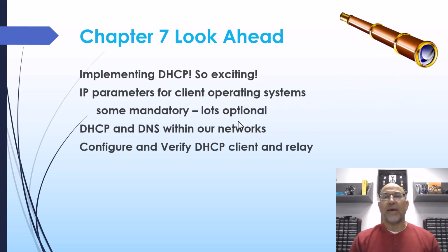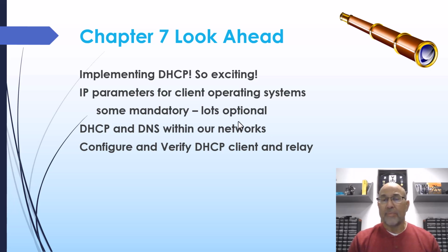All right, the Chapter 7 look ahead, implementing DHCP. This is very exciting. We're getting into services, and then we'll have all these follow-up topics that go along with those services. So we'll talk about IP parameters for client operating systems. Most notably, those will be IP address and mask, DNS, and then the gateway.